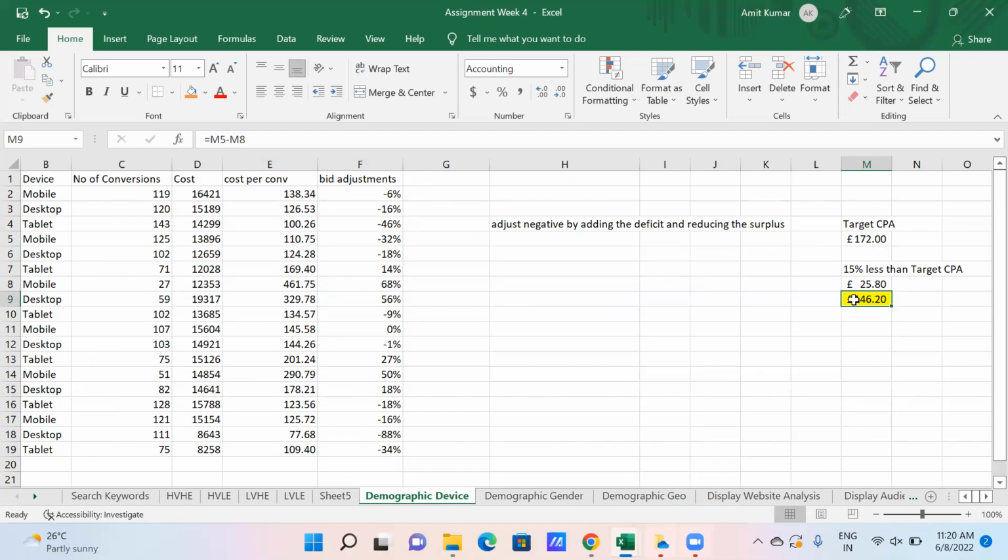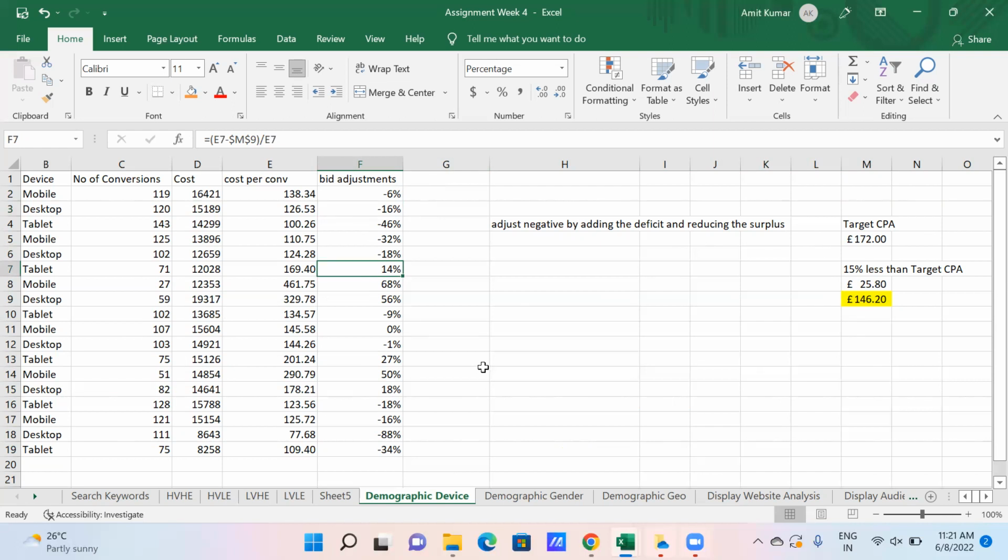So 146. Now if I have to calculate the bid adjustment, what I'll do is 138 minus 146 divided by 138, so minus 6%. So we can adjust by adding 6% to this particular device. Similarly, where there is negative, adjust by adding. Where there is positive, you have to reduce by that percentage.